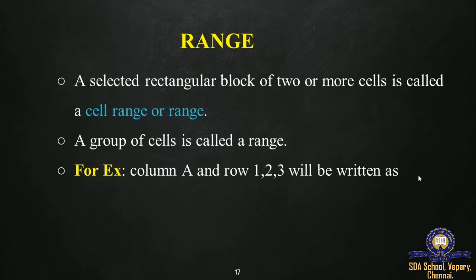This example will be written as A1 to A3, the combination of column and row. Column A and 1 represents the row. So A1 to A3, that selected portion we call a range. Understood, children?